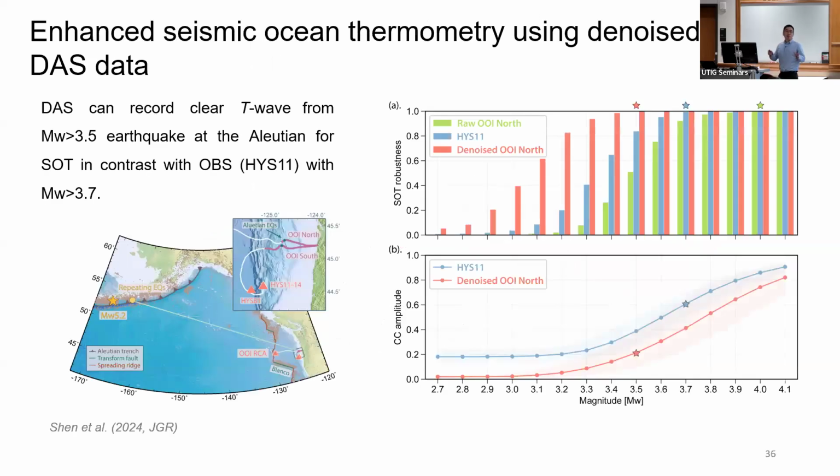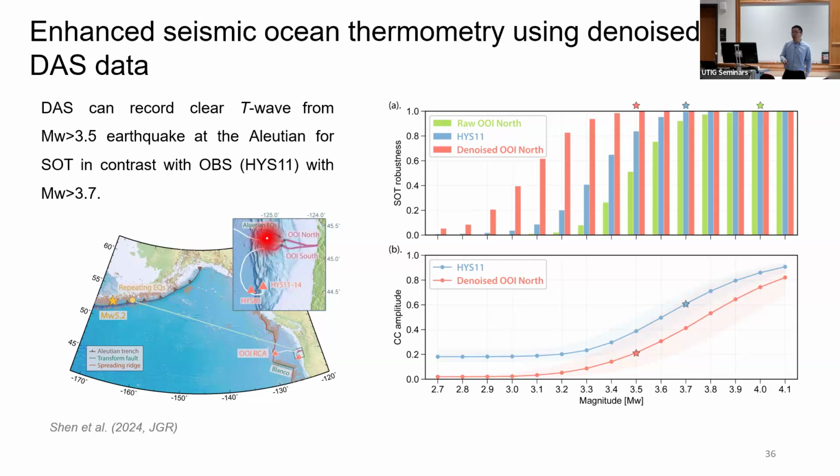This technique has great potential advantages, but there are also challenges there. One of the biggest challenges is the data is very noisy. So in this study, my postdoc Zhe Jia developed a curvelet-based denoising method to increase the signal-to-noise ratio. And we applied this method to these two cables, WHOI cables, offshore Oregon.